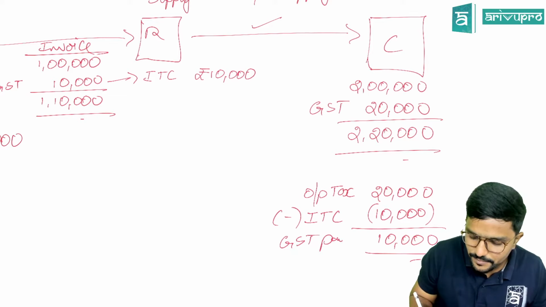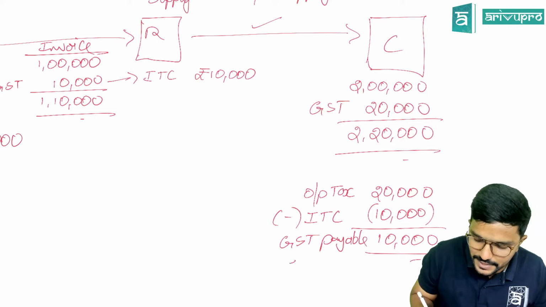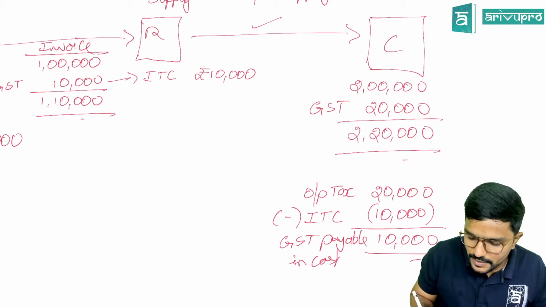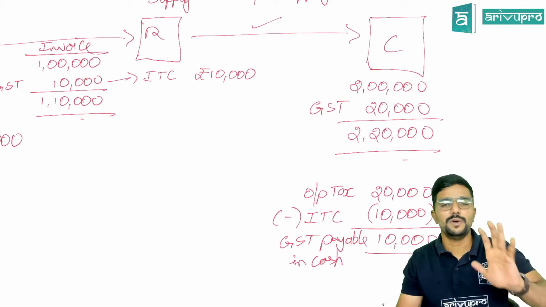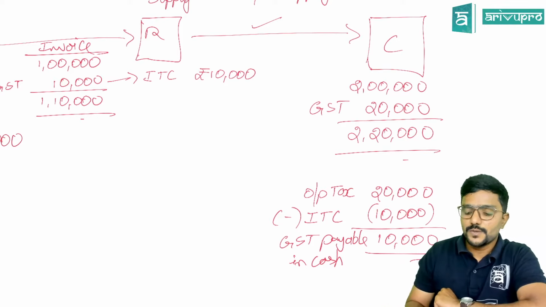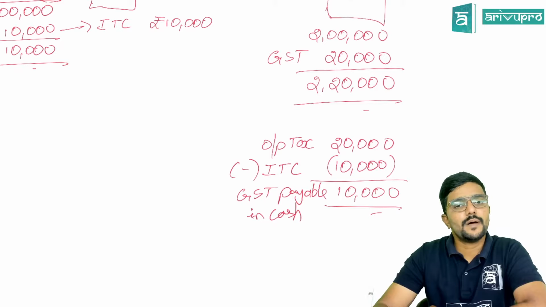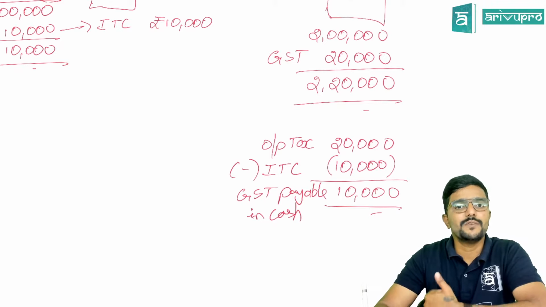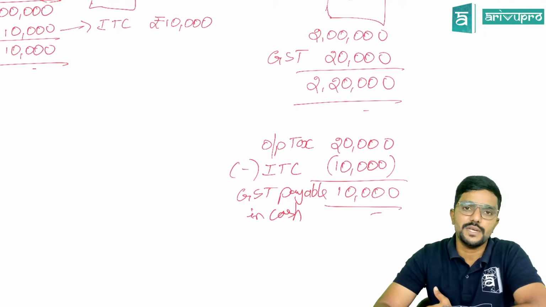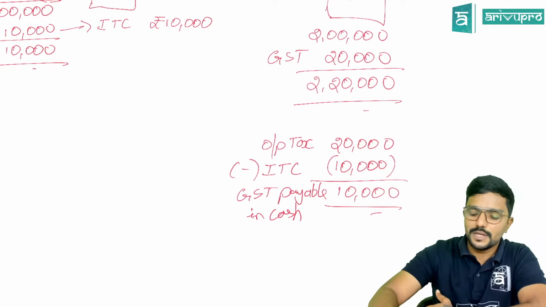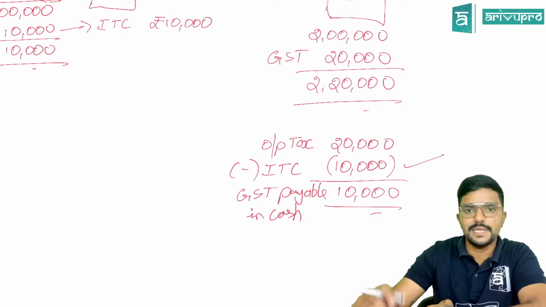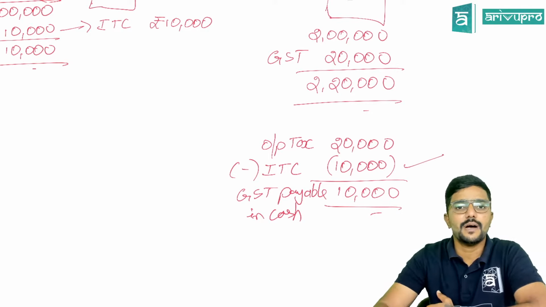Payable in cash, though literally not in cash. We will see how it will be paid. So after utilizing the credit of 10,000, the recipient, who is now the supplier, will be paying only 10,000 GST to the government. Now, sir, is claiming this so easy? Can the recipient claim it however he wants?